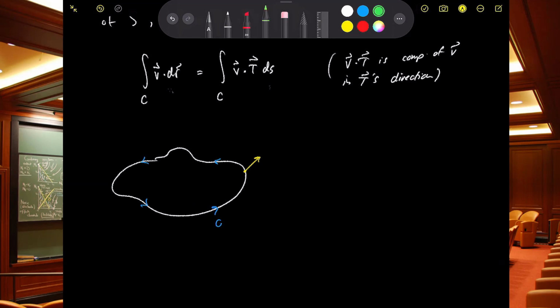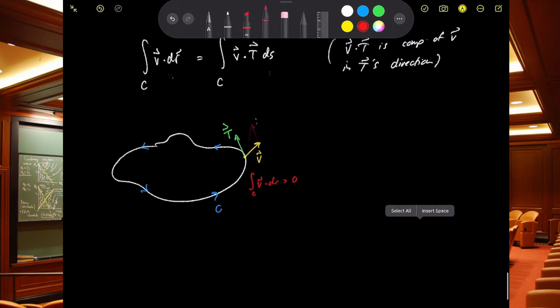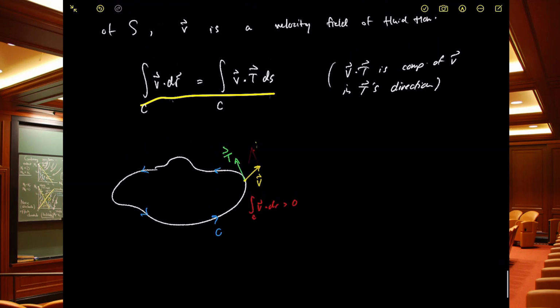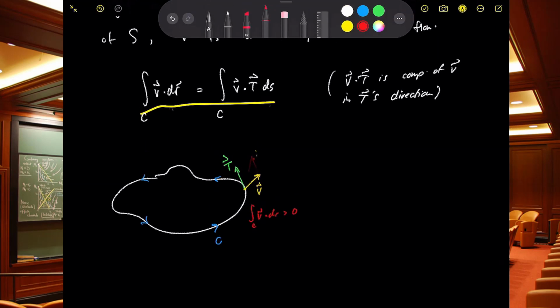Well, the tangent vector is something like this, and the fluid flow is in this direction. There is some positive dot product, right? Because they're pointing somewhat in the same direction. So here we can see that this would be positive because they're pointing somewhat in the same direction.